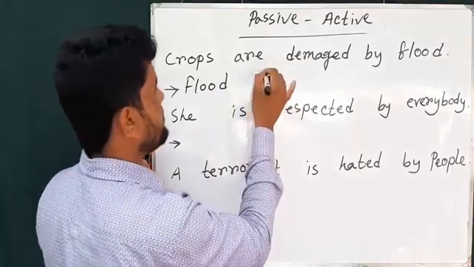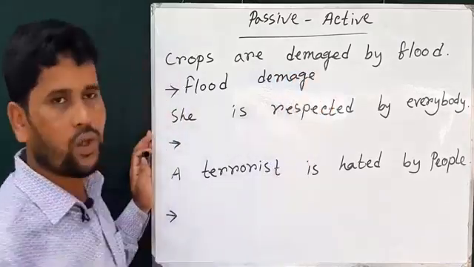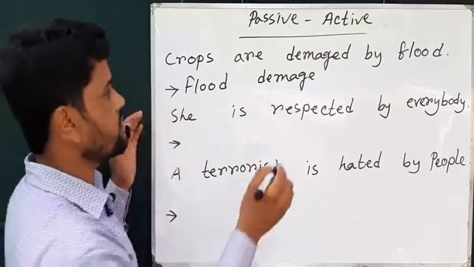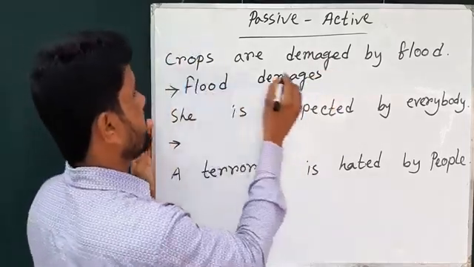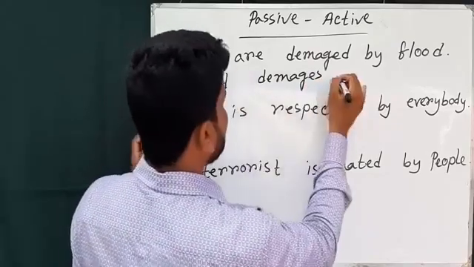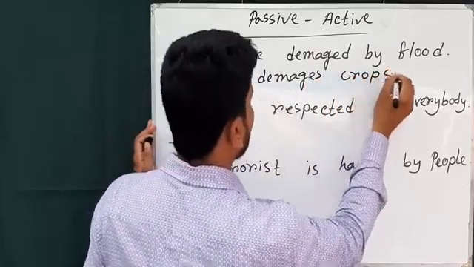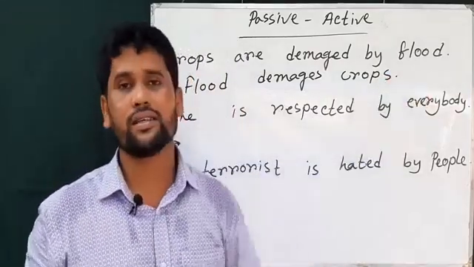So damage. And there is a rule: when we find the subject is third person singular we use s or es. And then turn the subject into object, crops. If there is any extension we can write it at the end.